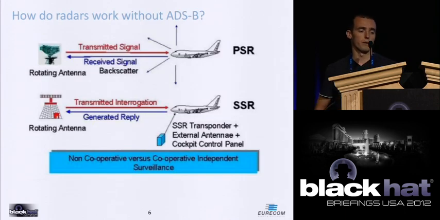Okay, so we'll take a quick look at how radars work, because radars are the main technology used for air traffic control surveillance, meaning the way to discover air traffic in the air. Without ADSB, which is the new technology I'll be presenting later on the slides, it's currently working at 2 levels.